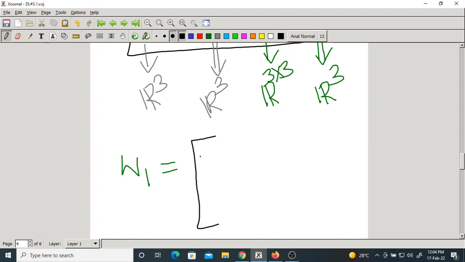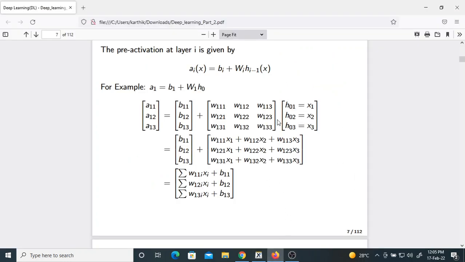So it is W1 11, W1 12, W1 13, and so on. Write all the weights, into h0. h0 is x1, x2, x3. So if you multiply these two, you get like this. Is it okay? Right?